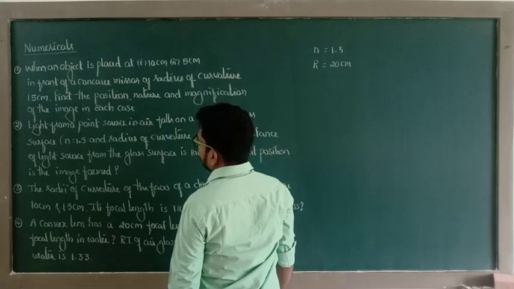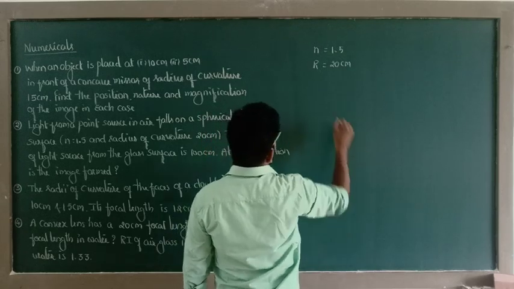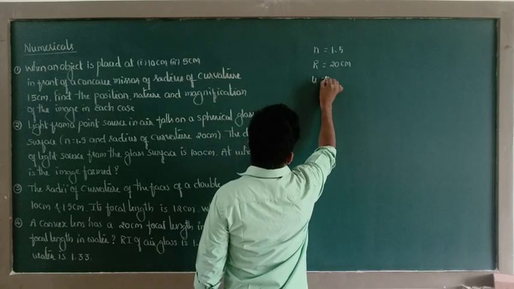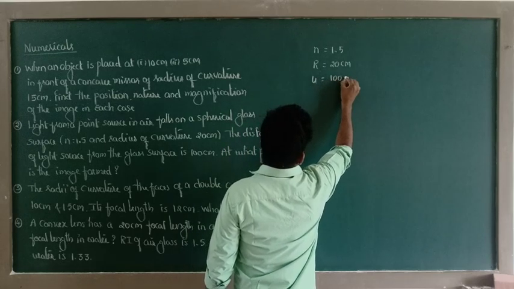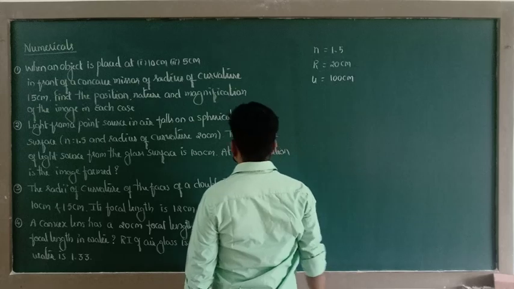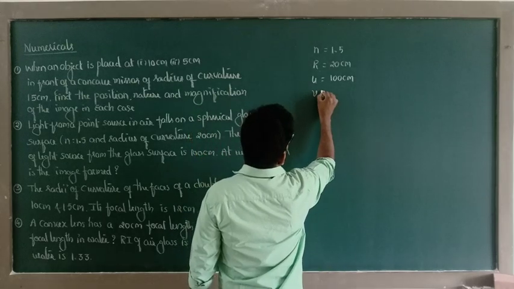The distance of a light source from the glass surface, that is object distance, is equal to 100 centimeter. At what position is the image formed? That is image distance.